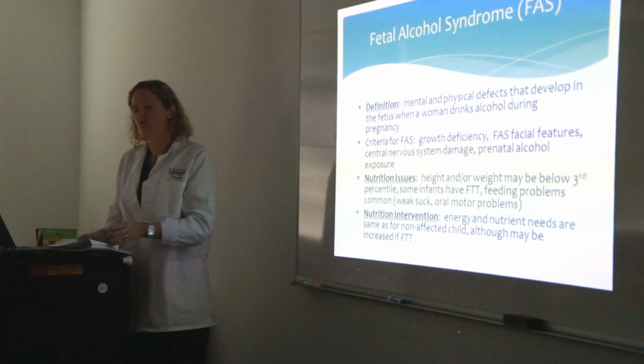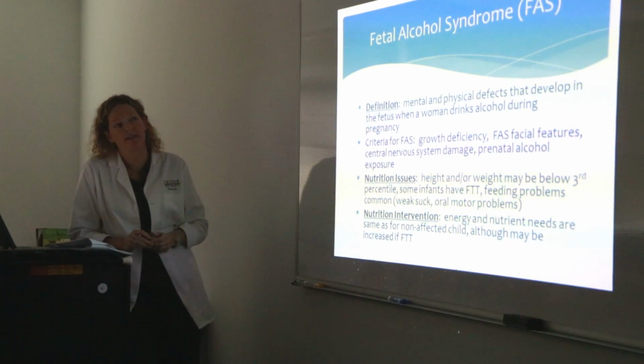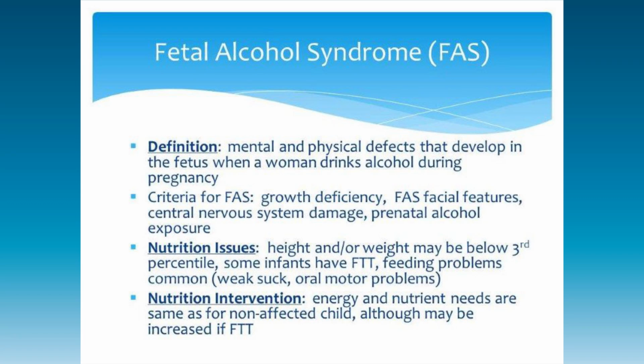Fetal alcohol syndrome. This occurs when a woman consumes alcohol during pregnancy, and this can cause mental and physical defects to the fetus. The criteria, this is what's actually used to diagnose fetal alcohol syndrome, a growth deficiency. So you're going to see a growth deficiency on the growth chart.